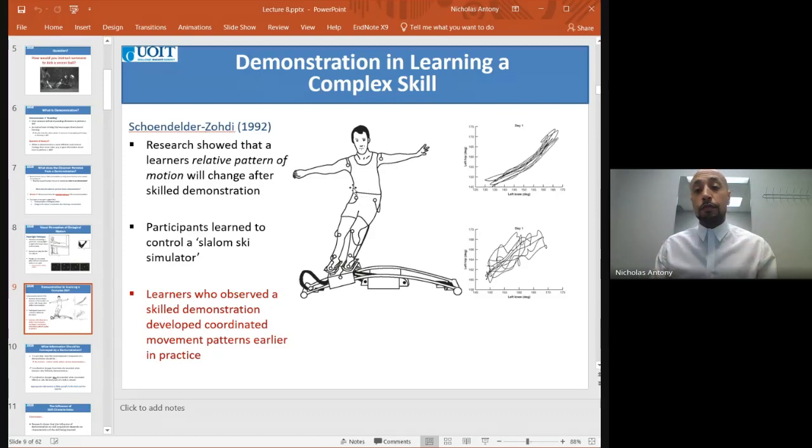And so through these two types of studies, what they determined was that when we're watching a demonstration, we're picking up biological motion, we're picking up the invariant features of that motor skill. And it's best to use that when what we're trying to teach requires a change in coordination, a brand new, unique coordination pattern. And so those would be the specifics of when it's best to use demonstration.